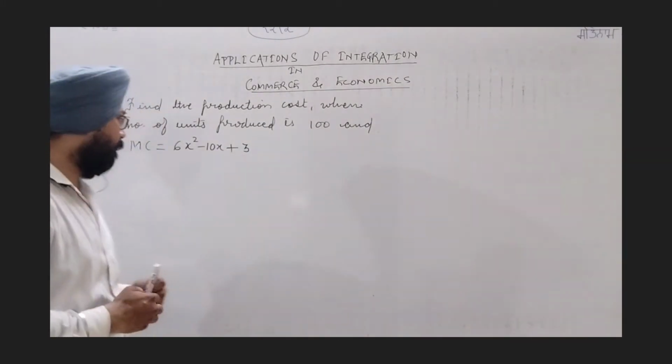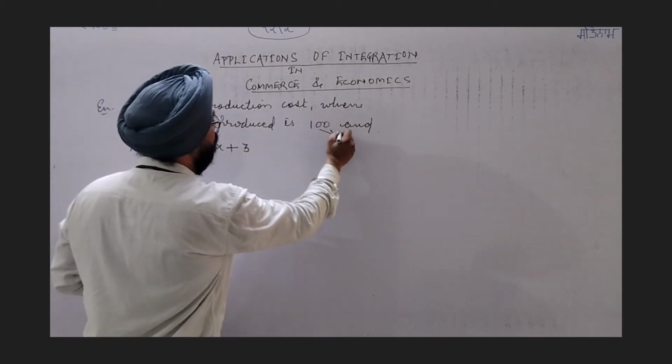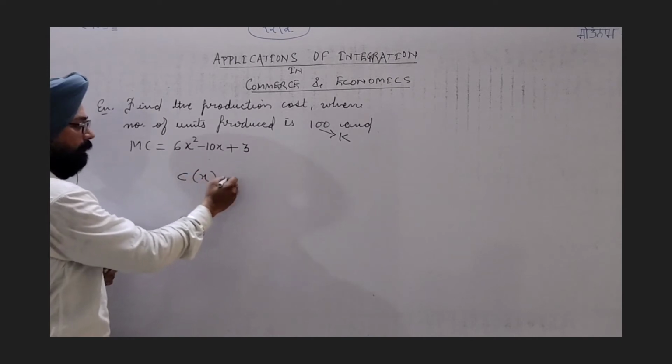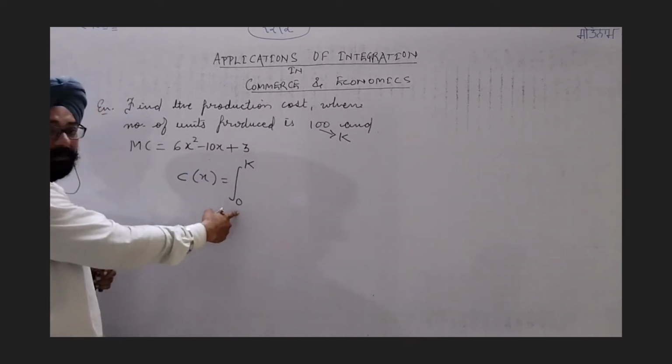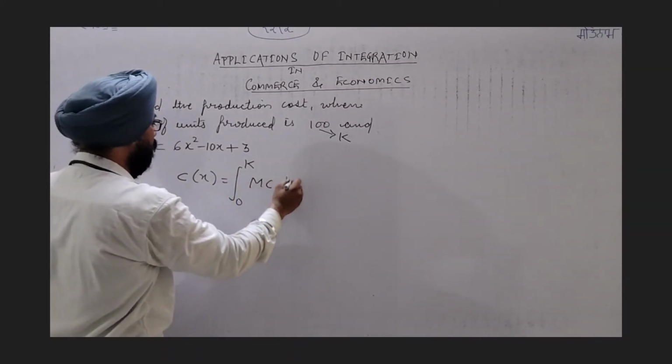How can we do it? I say you consider this value as k. Then the production cost C(x) can be obtained using the formula: lower limit 0, upper limit k, integration of marginal cost.